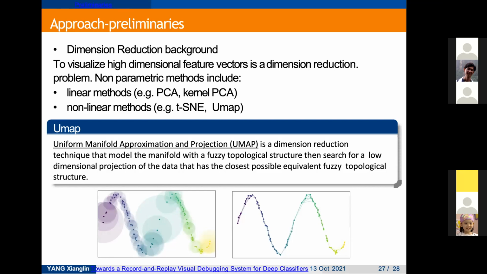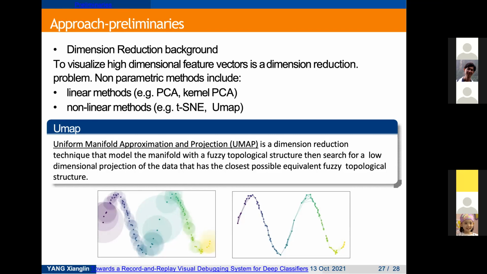And then in order to introduce how we can satisfy the neighbor preserving property, we need to first introduce some preliminaries on dimension reduction. There's a broad body of research work on dimensional reduction. Mainly it can be split into two parts.